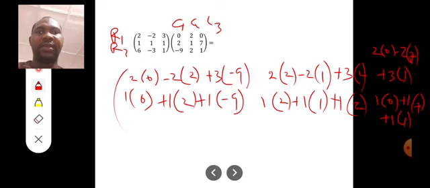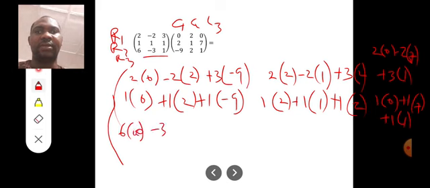Okay, so finally we pick the third row, R3, and multiply with column 1, column 2, column 3. So we are going to have 6 into 0, minus 3 into 2, then plus 1 into minus 9.